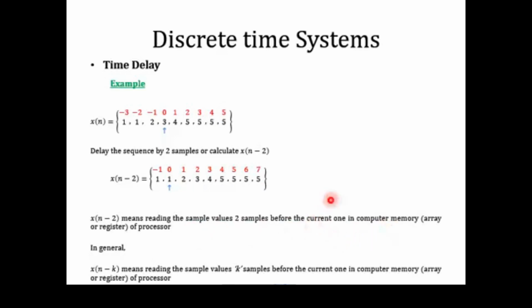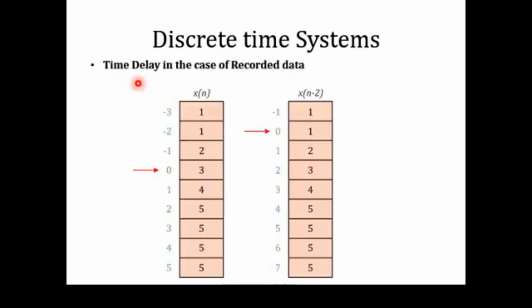To understand this in more detail, let's take an example of both real-time and recorded data. This is the pictorial representation of the time delay operation in the case of recorded data. Recorded data means all the sample values of x of n have already been recorded or stored in the computer memory, and currently we are accessing this memory location where the sample value is equal to 3.